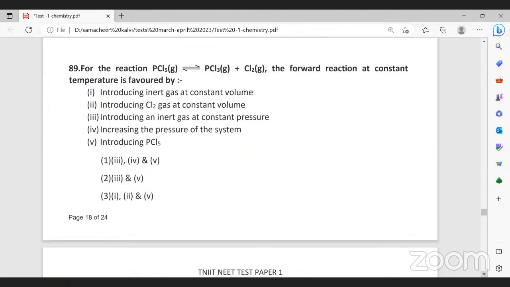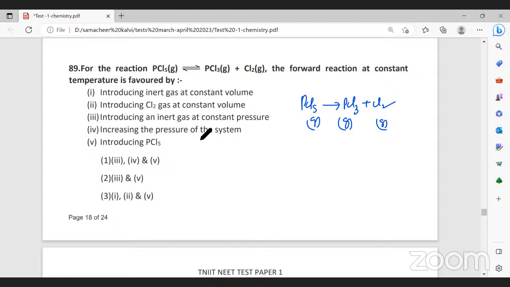For a reaction PCl5 giving you PCl3 and Cl2, the forward reaction at constant temperature is favored by: forward reaction at constant temperature is favored by. See, PCl5 giving you PCl3 and Cl2, they all are in gaseous state. Introducing inert gas at constant volume.